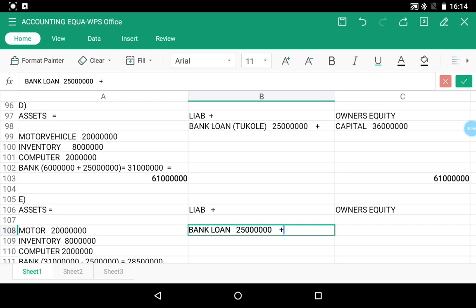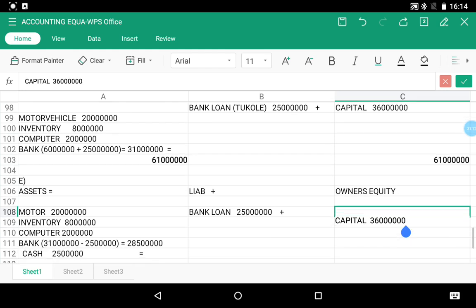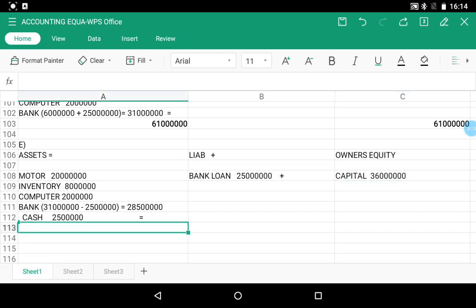So we shall add owner's equity. Under owner's equity, we still have our capital worth 36 million. So those are our transactions for part E. So here we are going to add. When you add, it means our total assets, we are going to have 61 million.